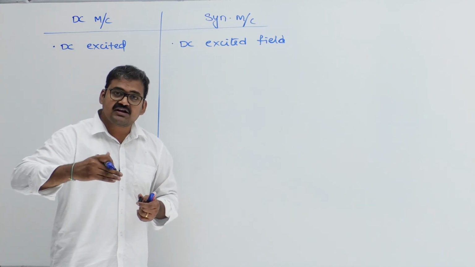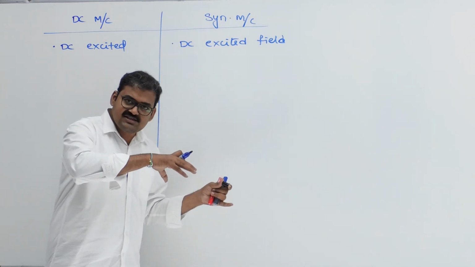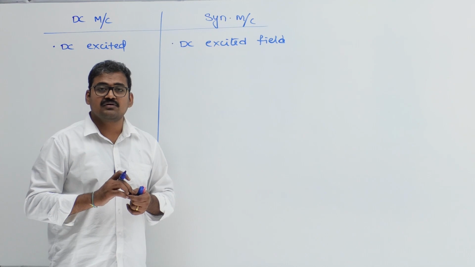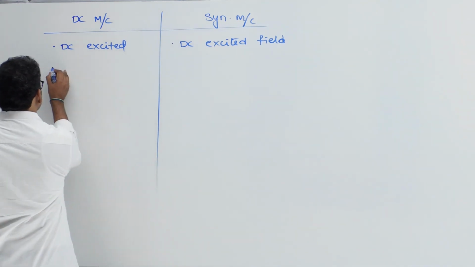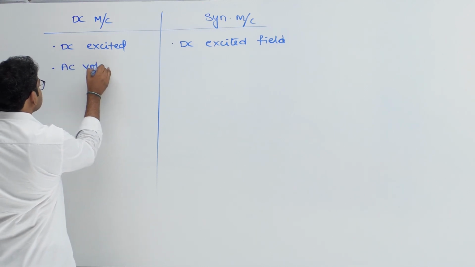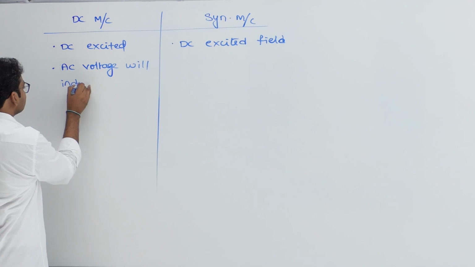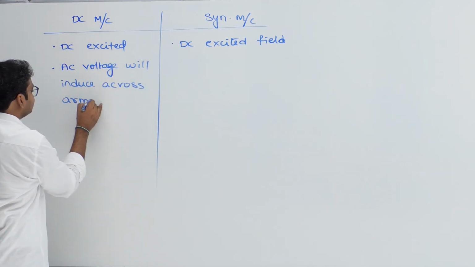And whenever a conductor is rotating in this DC field, an alternating voltage will be induced across it. So AC voltage will be induced across armature conductors.